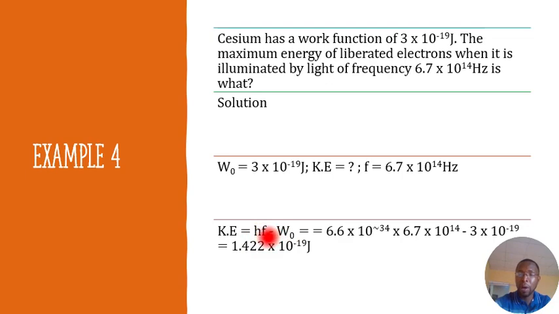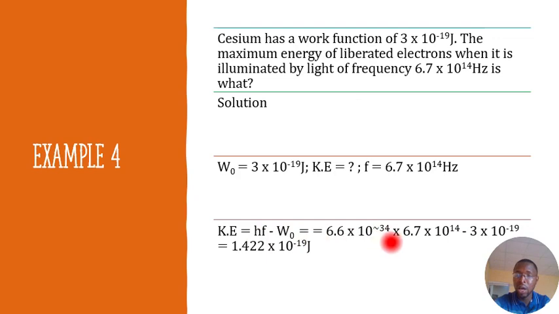All right. So Planck constant is a constant value, which is 6.6 times 10 to the power minus 34. Okay. Even though it's not given in this question, we are meant to know these constants by heart. So the value is 6.6 times 10 to the power minus 34.